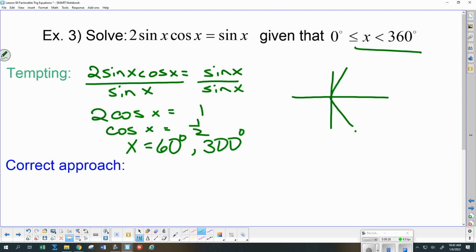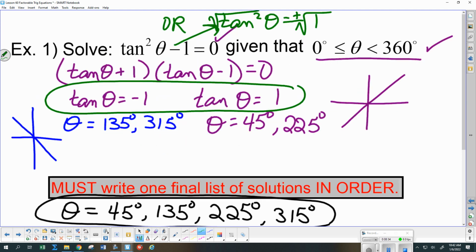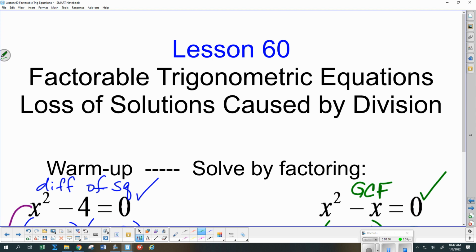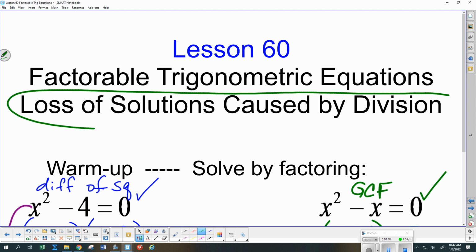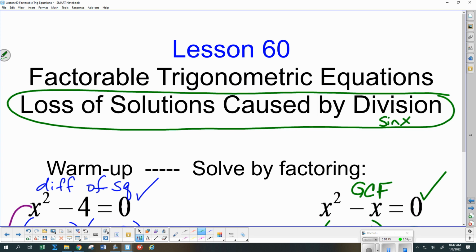And that's tempting. The problem is I divided by the sine of x. And one of the topics in this lesson was losing solutions when we divide. I divided by the sine of x, and what actually happened is I got some of my answers, but I lost at least one of them and maybe more because I divided. I can divide by numbers.